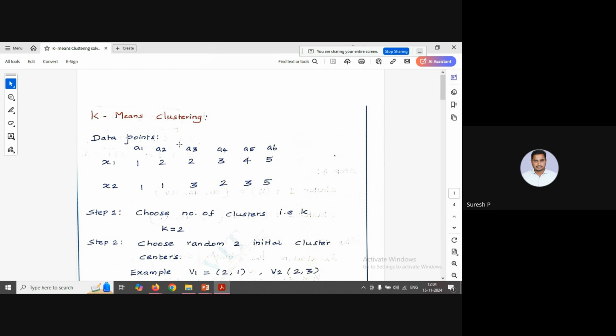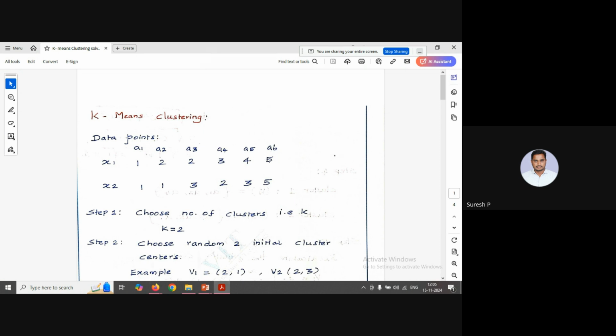Okay, so now let us consider a problem using k-means clustering. Assume that we have a data set with two attributes, x1 and x2. There are 6 data points, a1, a2, a3, a4, a5, and a6.